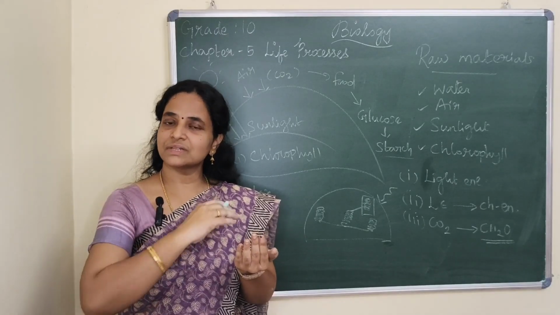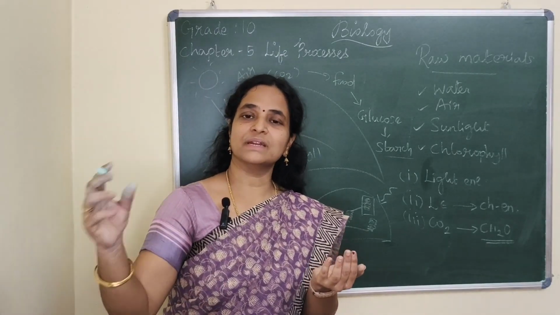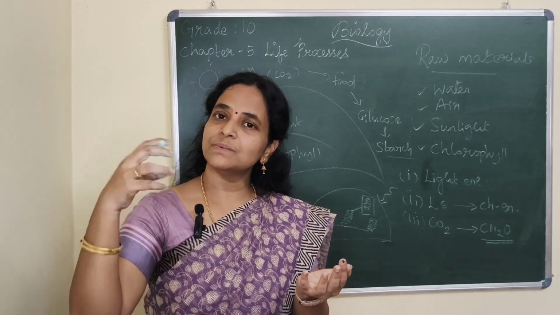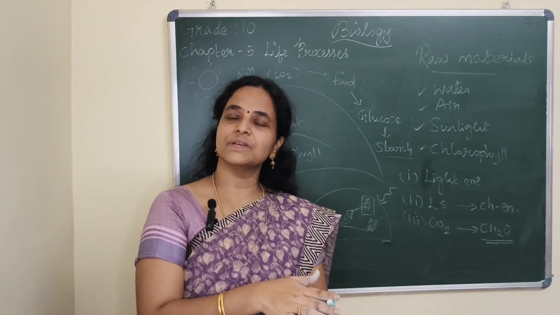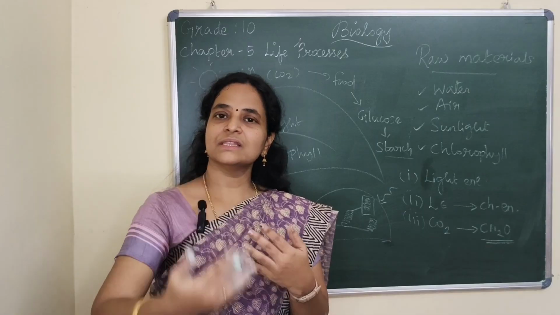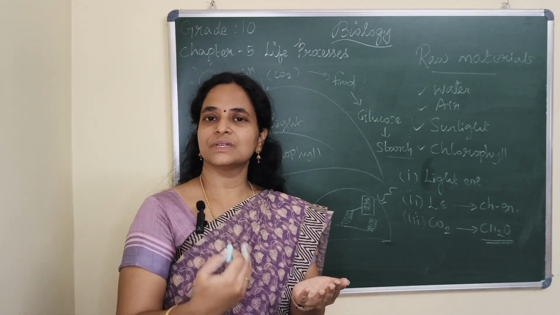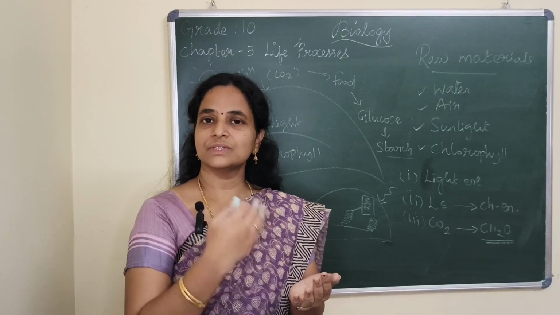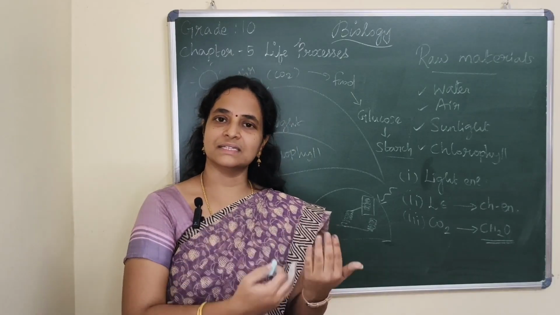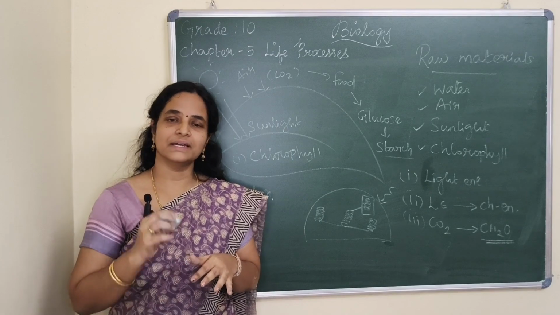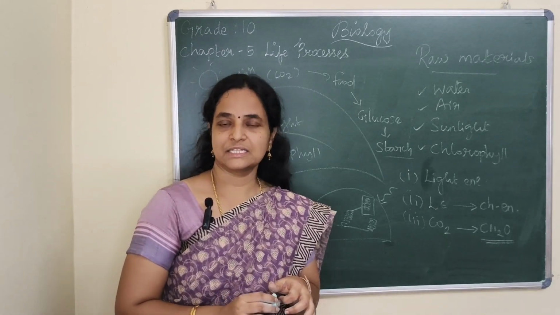So, that carbon dioxide will not be released into the environment. Instead, plants will convert that carbon dioxide into an intermediate compound and store it. So, in the daytime, the stored carbon dioxide will be utilized for the production of food. This is mainly done in desert plants in order to avoid an important process called transpiration.